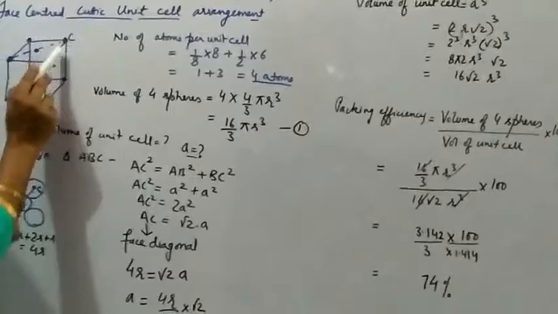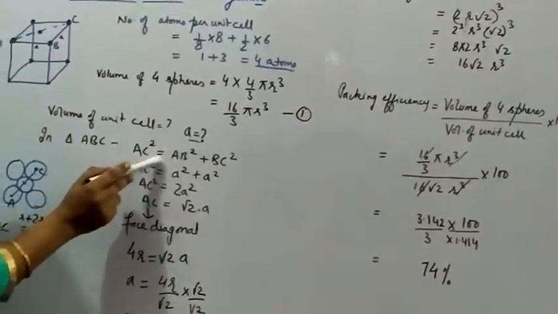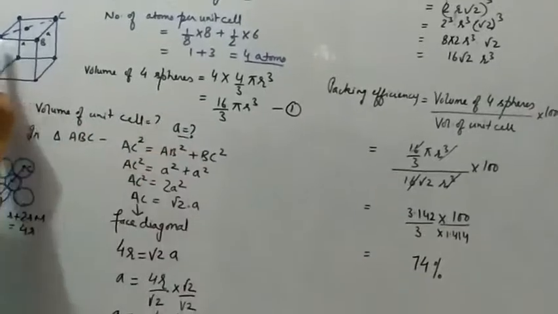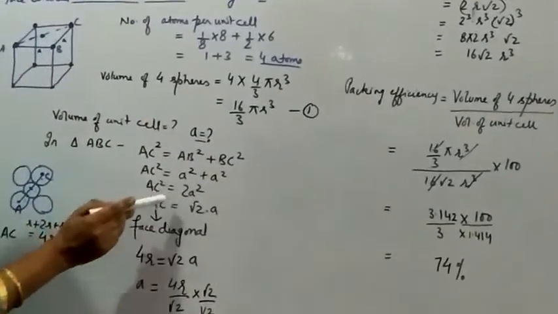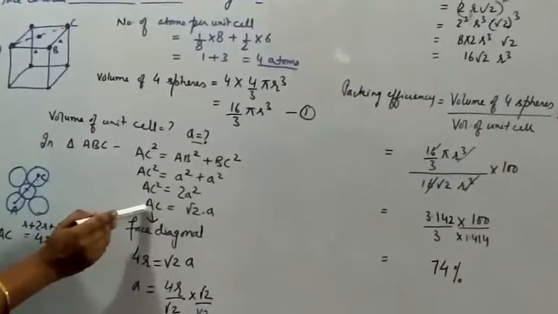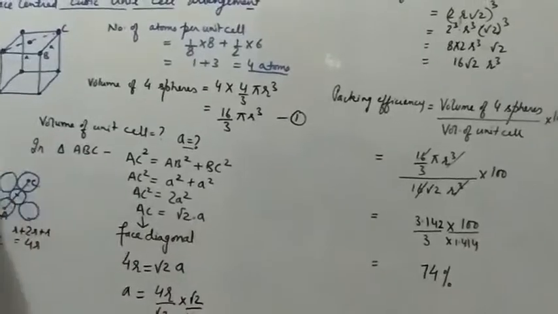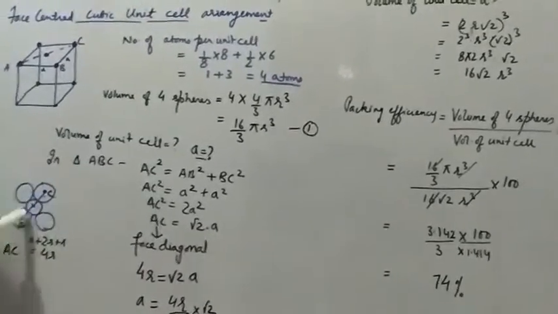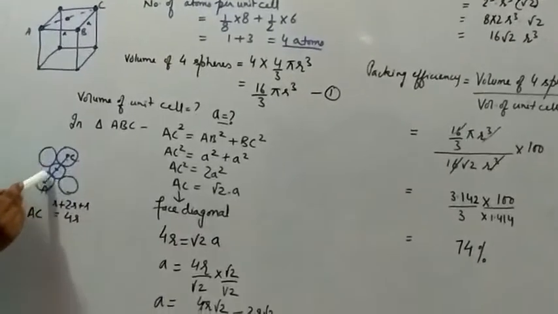So we are going to find it out. So in triangle ABC, the AC square, which is the face diagonal, is equal to AB square plus BC square. We are applying the Pythagoras theorem here. So from here we will find that AC is equal to root 2 a. Now just see this figure, this diagram here. So I have shown these 4 spheres which are close to one another.